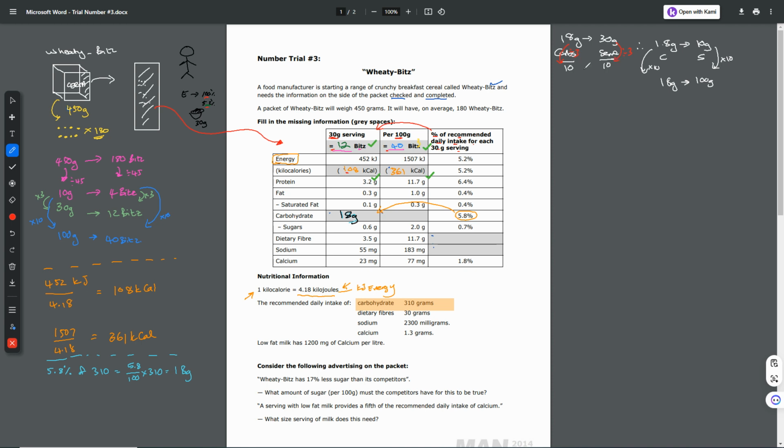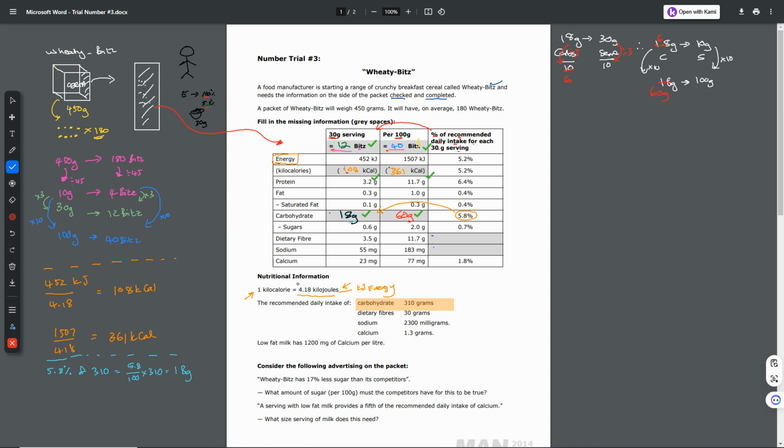So that's going to be 6. That's supposed to be 6 grams, because 6 times 3 is 18, and that makes more sense. And that's how this becomes 60 grams. And so this will be 60 grams over here. All right, using proportion. So the 5.8% got me the 18 grams. And now we're done with those two parts over there.